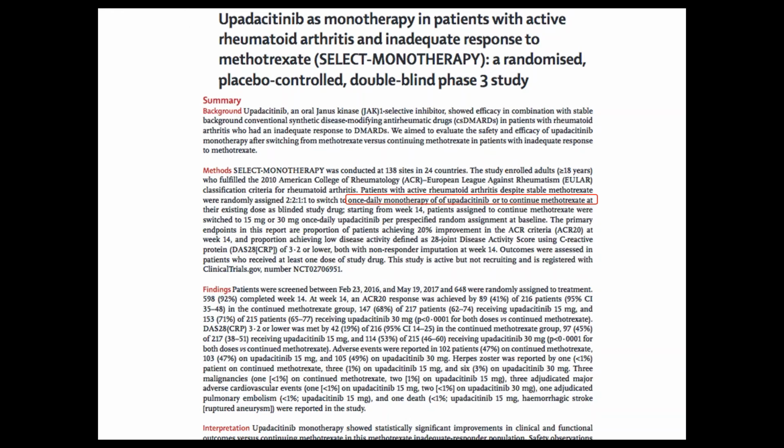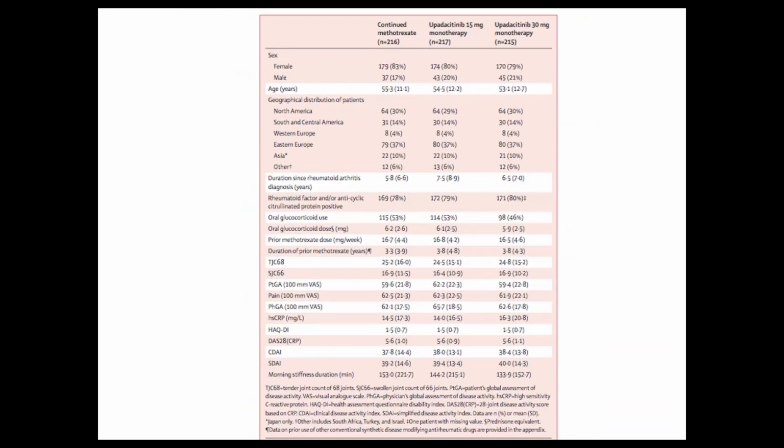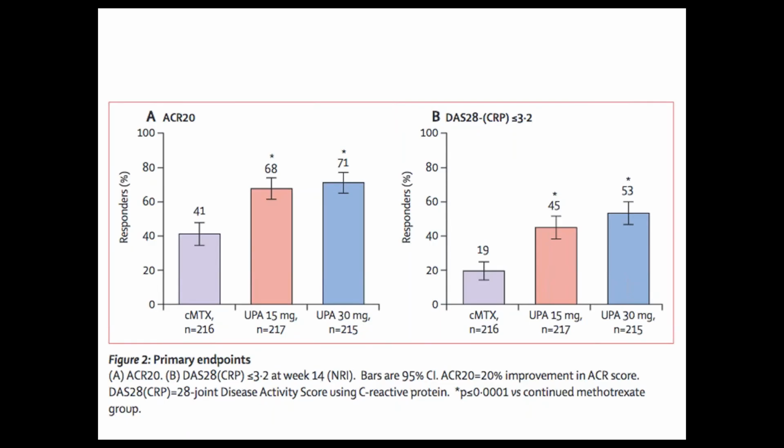So the patients either got methotrexate or 2 different doses of this JAK-STAT inhibitor. Patients are primarily female and came from various places around the world. Most of them were rheumatoid factor positive, and a number of different scales are used to evaluate these patients, but the endpoint was the American College of Rheumatology scale. If we look at how many got 20% better, it looks like the JAK-STAT pathway inhibition beats methotrexate.